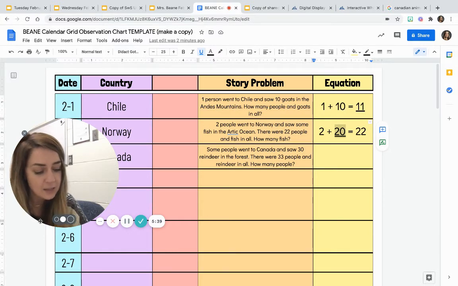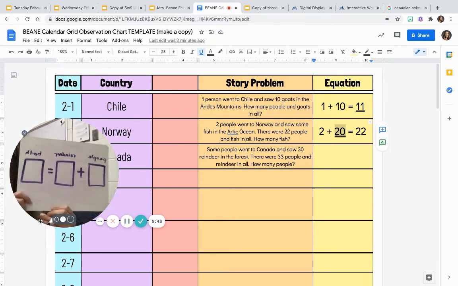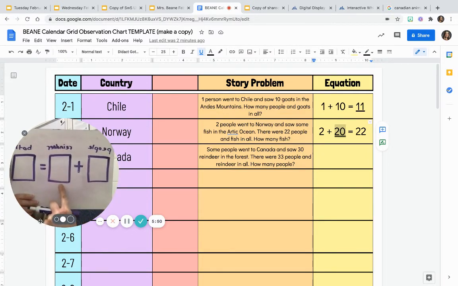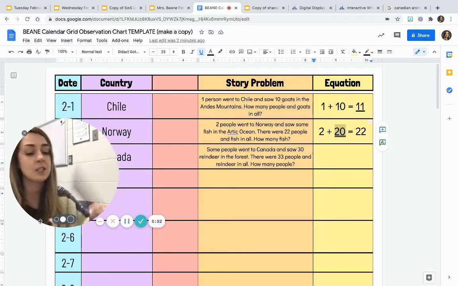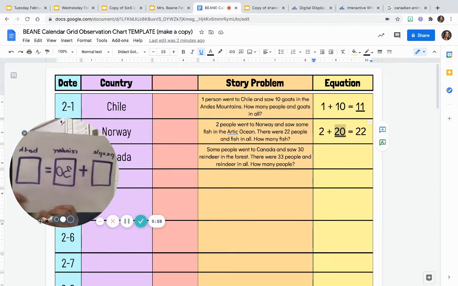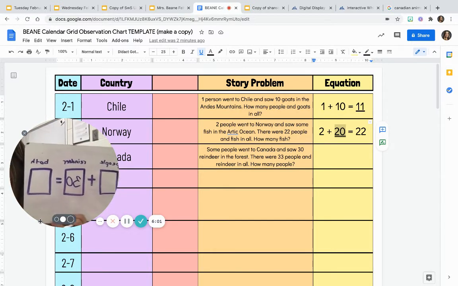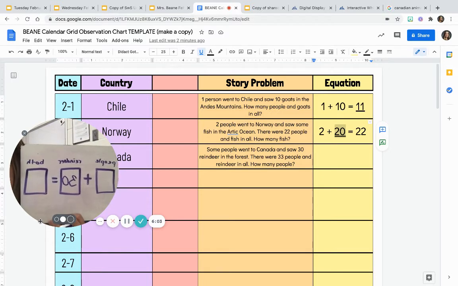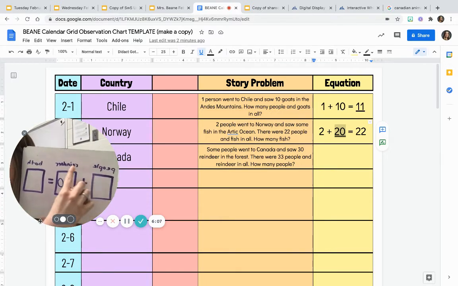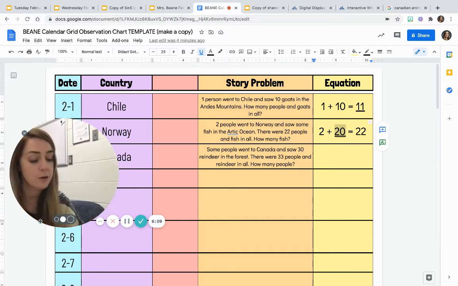And our end is both of them all together. So now let's plug. Some people went to Canada and saw 30 reindeer. Okay, I know that's reindeer, so I'm going to write 30. Now we're looking for both, and it's going to tell us there were 33 people and reindeer in all. So there was people plus reindeer equals 33.